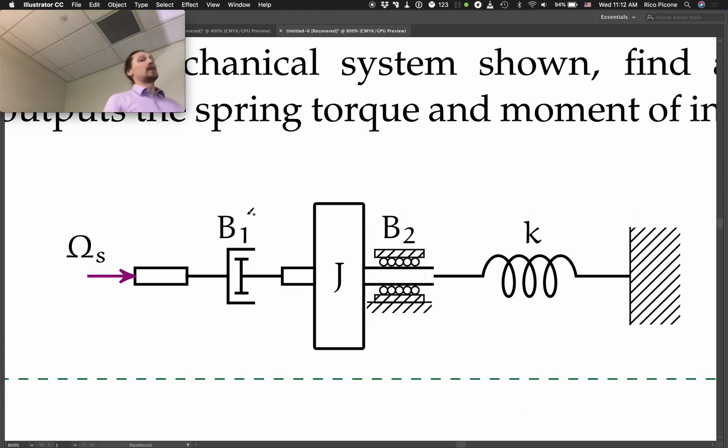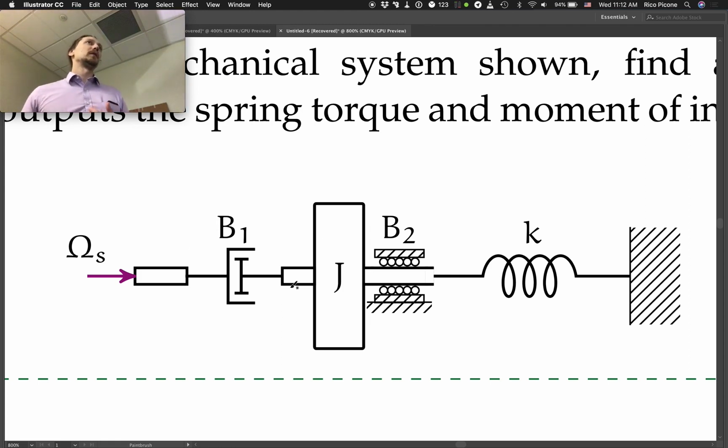But if you start to speed this side up, it starts to transmit more and more torque.